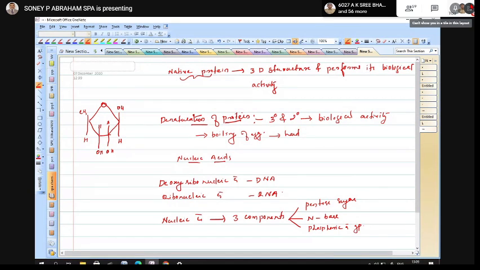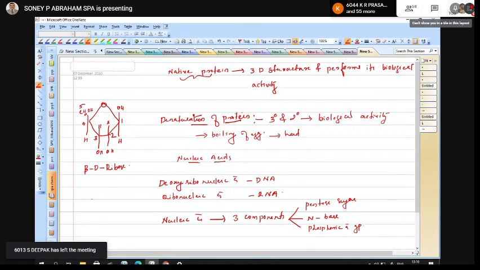This is the first carbon, second, third, fourth, and fifth carbon. These are the 5 carbons, so a pentose sugar. Will it be alpha form or beta form? The OH group on the first carbon is at the top, so this is beta. It has D configuration and is beta-D-ribose.